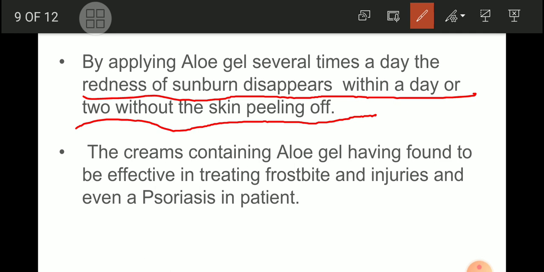Creams containing aloe gel were found to be effective in treating frostbite and injuries and even psoriasis in patients. Psoriasis, we know, is a dangerous skin disease. Many doctors suggest lotions and creams to patients to get relief from psoriasis, and those are prepared with the help of aloe gel.